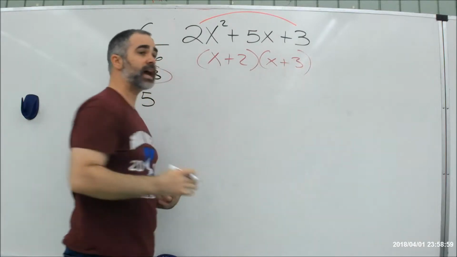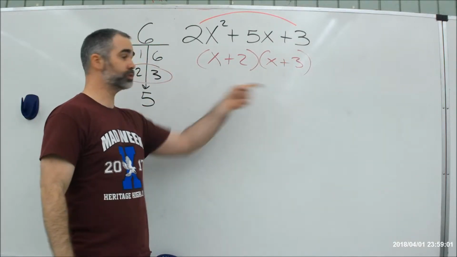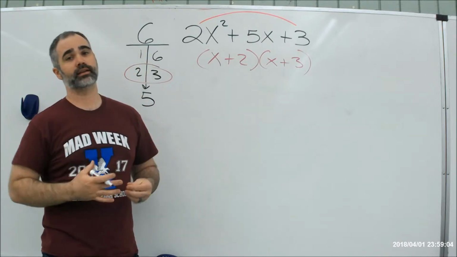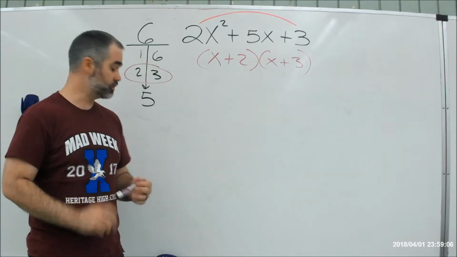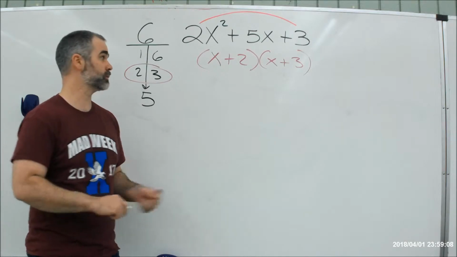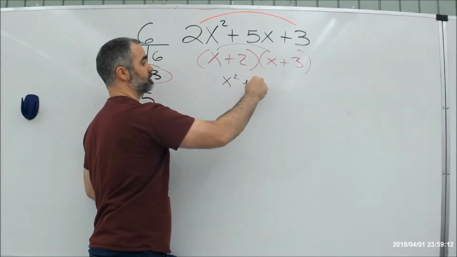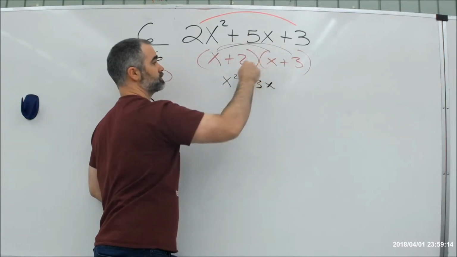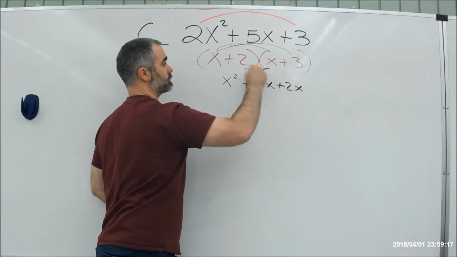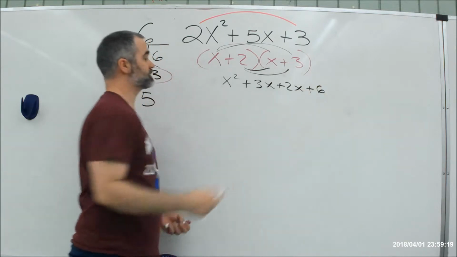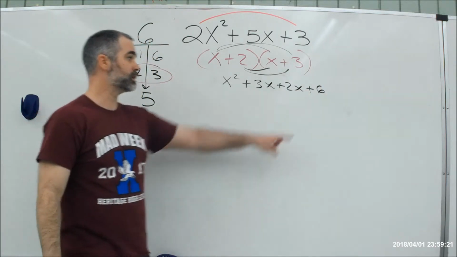Remember, every time you factor, you can always know if you did it right by multiplying this back out. If you do this here, you'll see right away that you're not going to get what you started with. x times x gives you x squared. x times 3 gives you 3x, 2x, and 6. You can see without doing any simplification that I don't have the same thing.